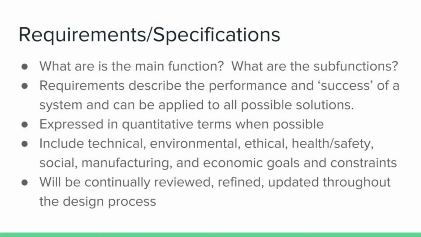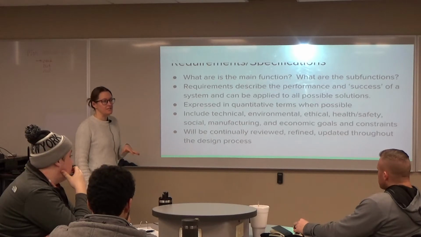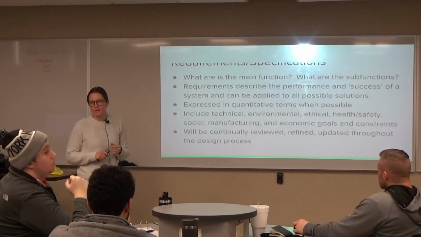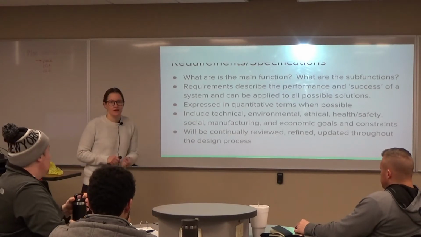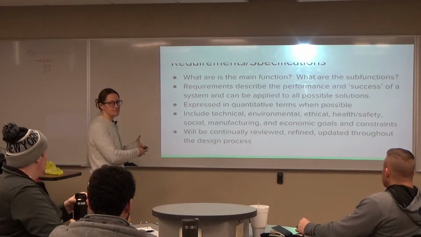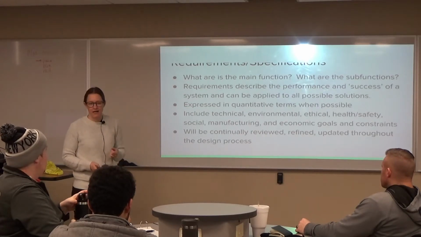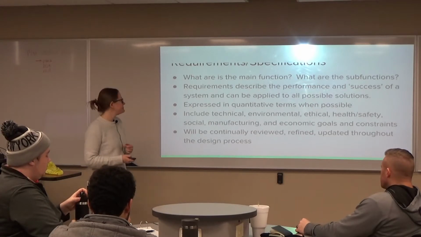You're going to want to make them quantitative whenever possible. So those are SMART, measurable things. And you want to think about technical, environmental, ethical, health and safety, all the things that your stakeholders might be concerned about. And you're going to come back to these specifications. Whenever you come up with ideas, you're going to compare them to these specifications, and you may need to refine them as you go along. Maybe add some or tweak some a little bit.